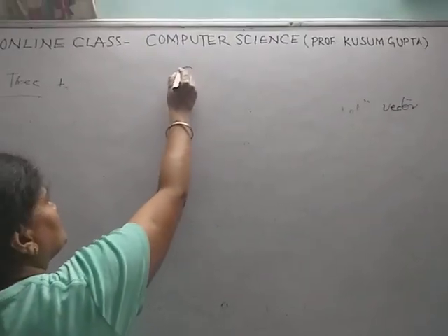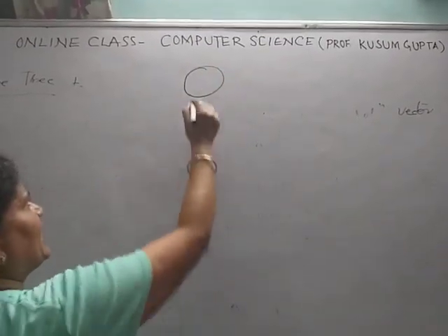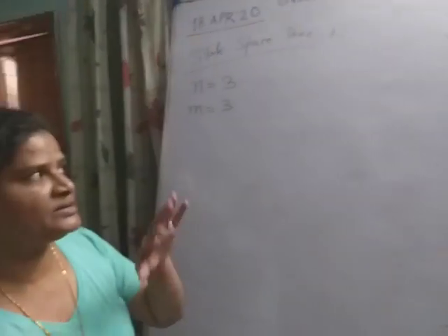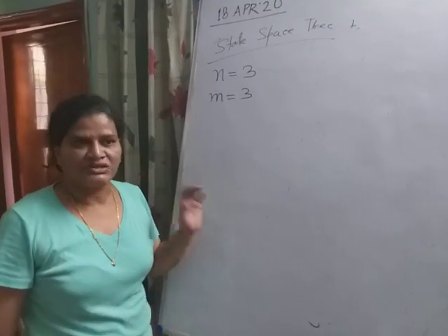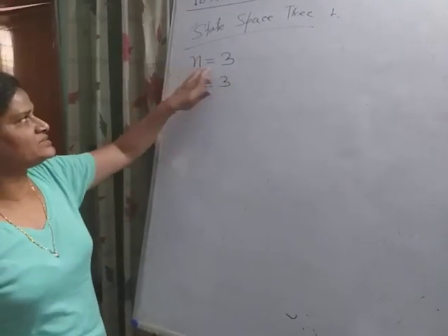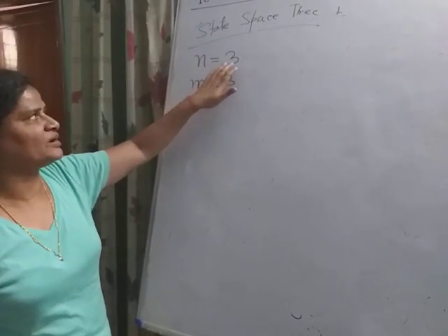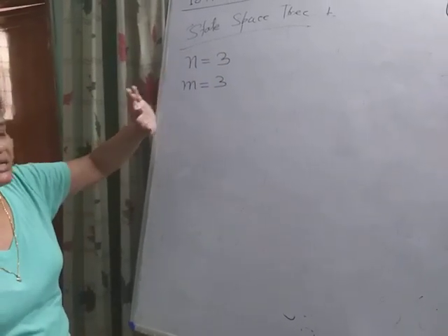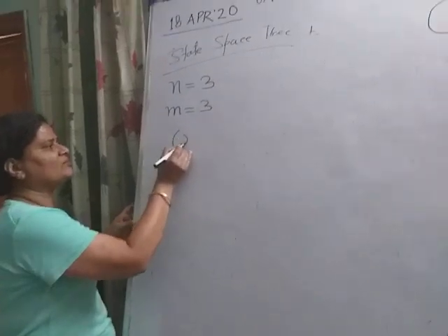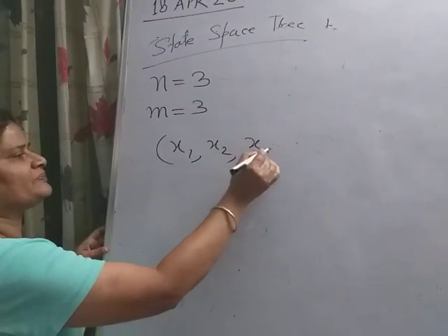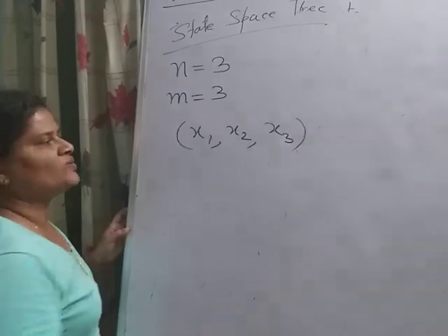So first we draw the root node. At this point no vertex is colored, so first we color the first vertex. Because there are 3 vertices in this graph, the solution vector is a 3 tuple, x1, x2, x3.